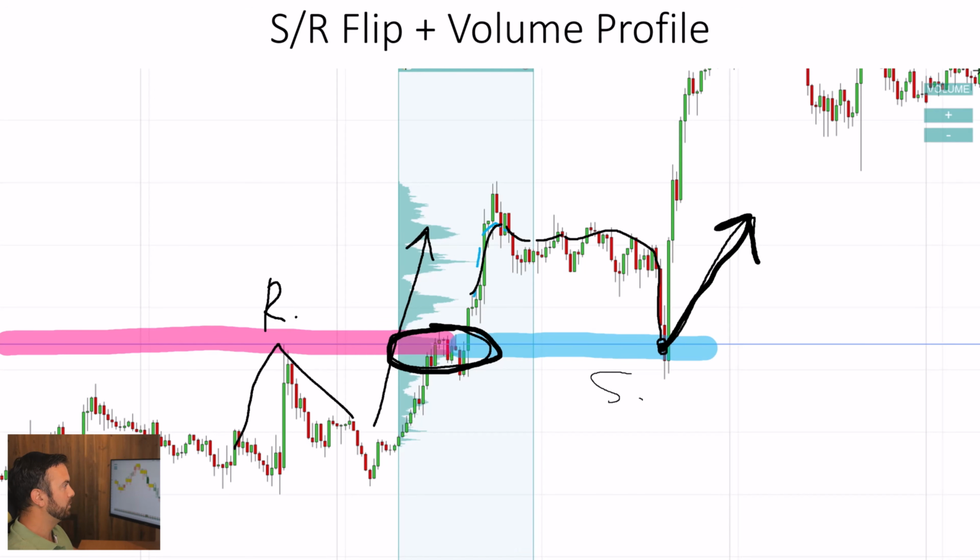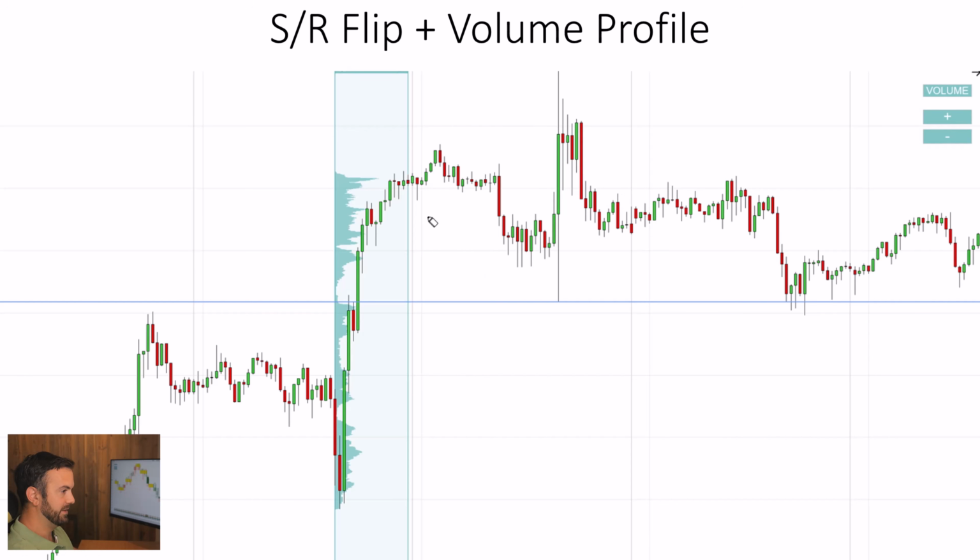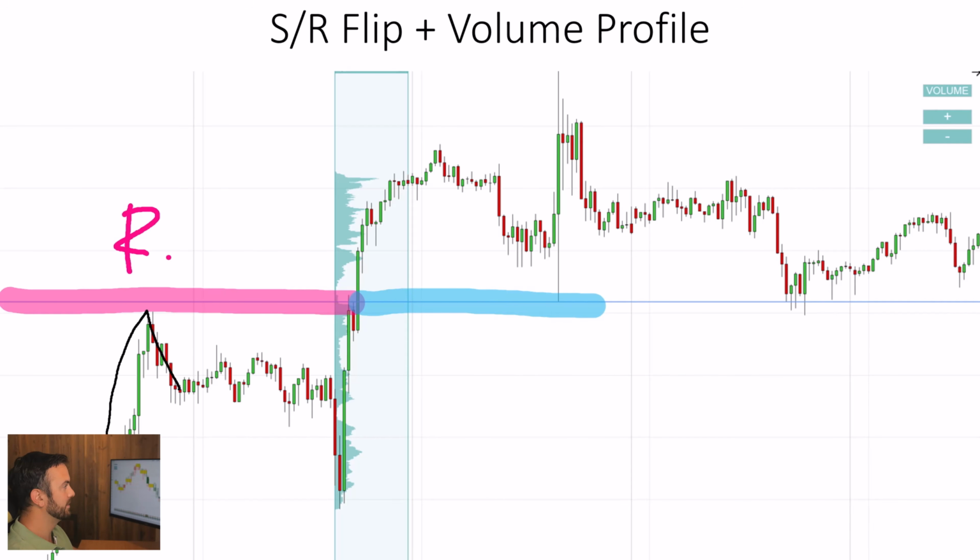All right, let me give you one more example. In this case, we had a resistance zone in here because the price made this reaction here. And this resistance turned into a support, right? So we had a resistance, which is now a support. We have a volume cluster here. And notice one thing, on this volume profile, there are a couple more volume clusters like this one, this one, this one.